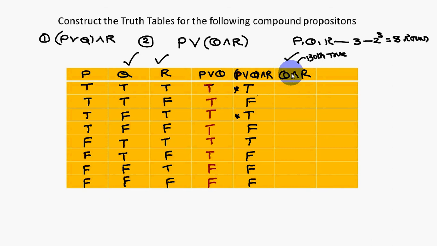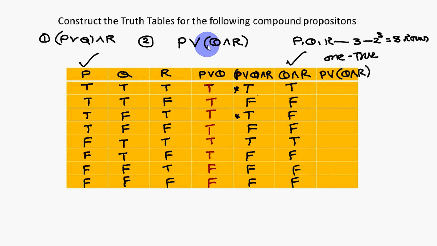Next it is Q and R. Q is this one, R is this one. The and symbol says both should be true. Therefore it is true here. Here it is not, here it is not, here it is okay. Remaining cases are false.